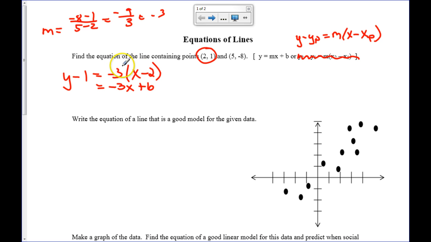Don't forget to multiply both of those by the -3. So y minus 1 equals that, and then I add 1 to both sides. My final equation is y equals -3x plus 7.